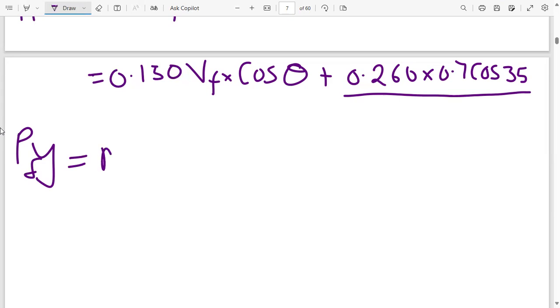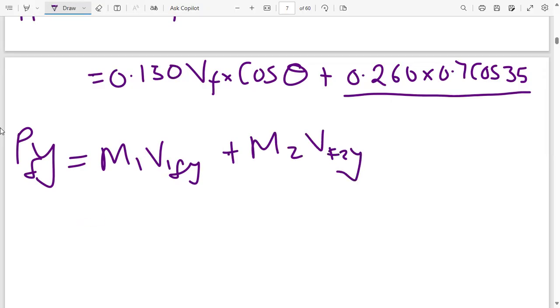It will be equal to the mass of 1 multiplied by the velocity of 1 final in the y, plus the mass of 2 multiplied by the velocity final of 2 in the y. And this will be equal to what?